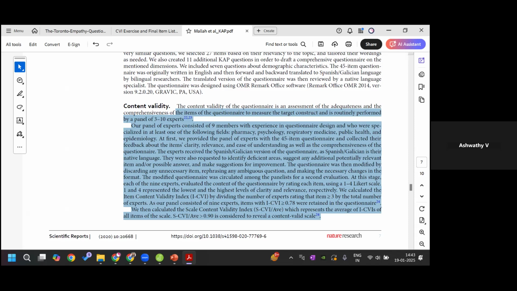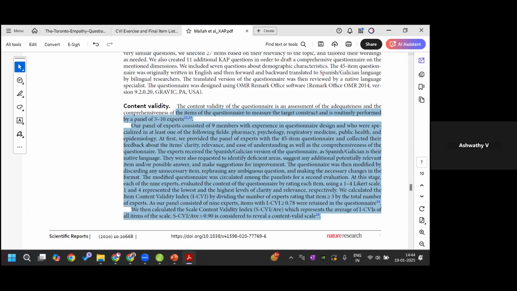At first, we provided the panel of experts with the 45-item questionnaire and collected their feedback about the items' clarity, relevance, and ease of understanding, as well as the comprehensiveness of the questionnaire. The experts received the Spanish or Galician version of the questionnaire, as Spanish or Galician is their native language.